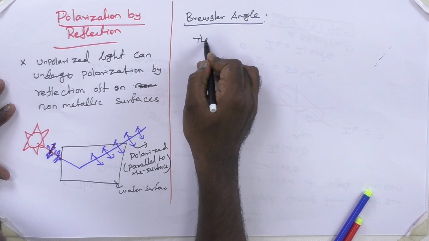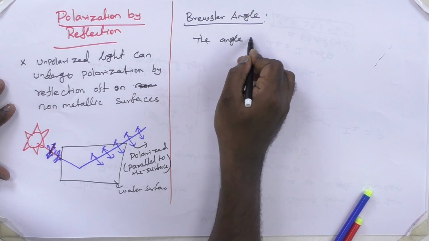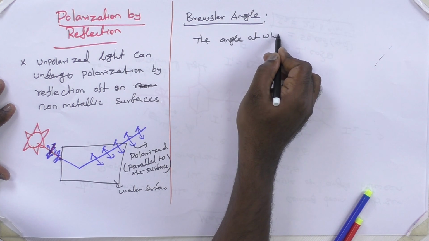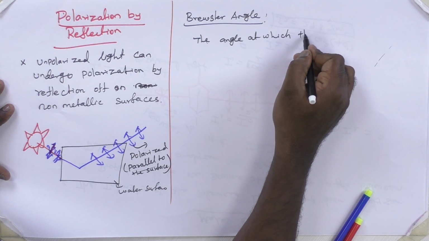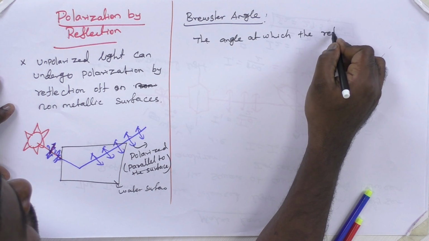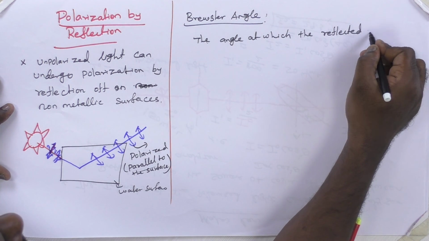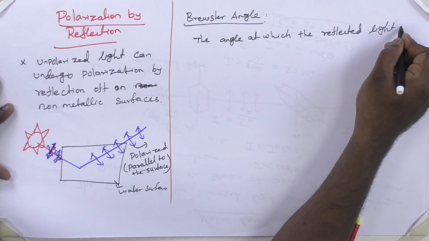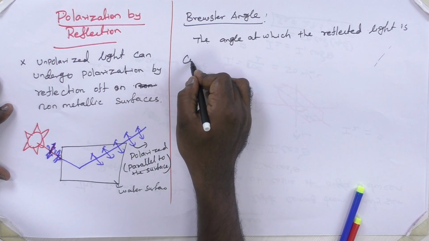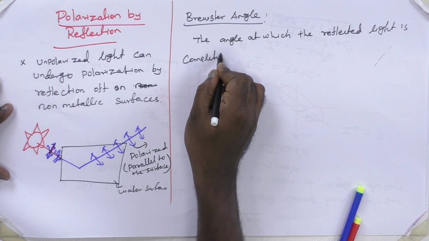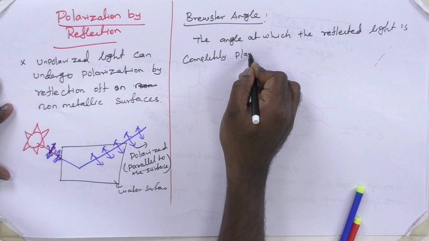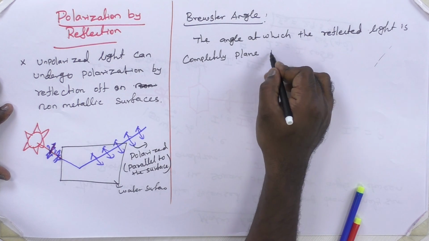The Brewster angle is the angle at which the reflected light is completely plane polarized.